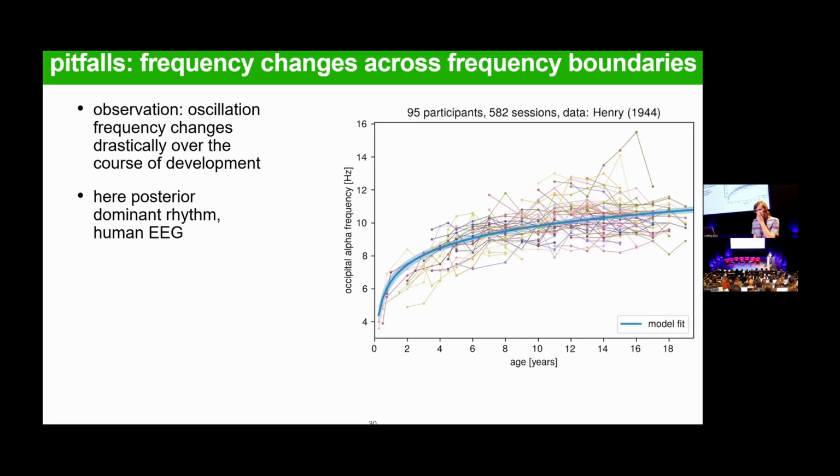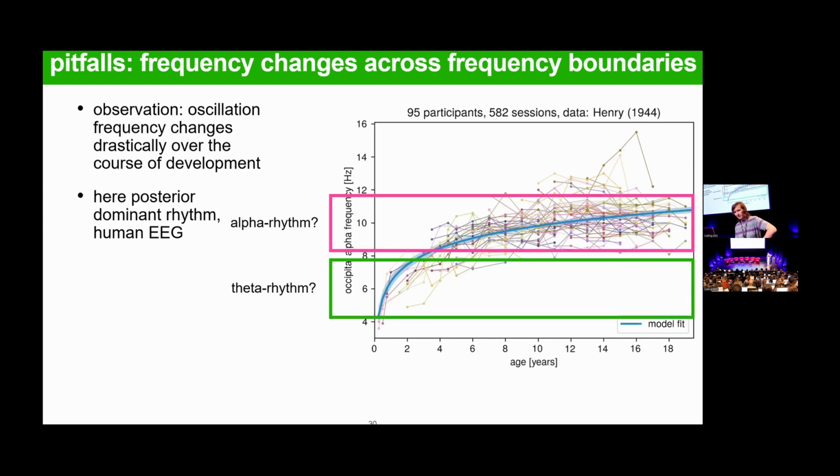If you would now use the terminology from the last slide, sometimes you get a little bit of mismatch in how people talk about things. Would you call this the theta rhythm? Would you call this the alpha rhythm?